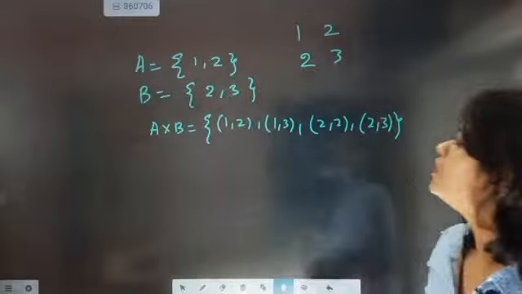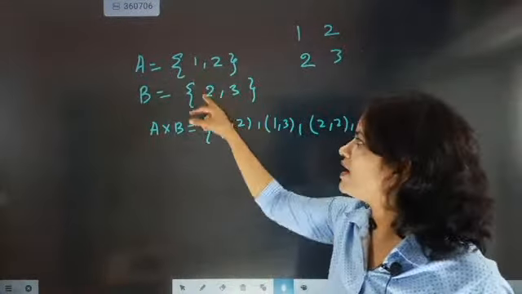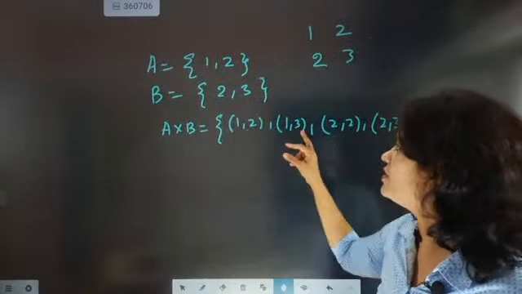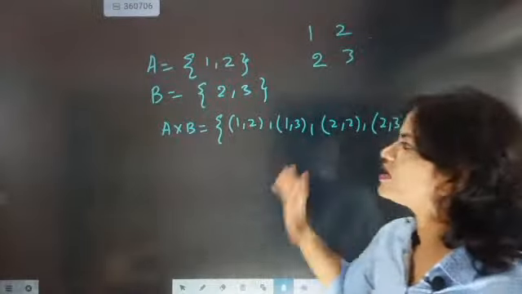Gautam, where are you? Rohit, Kabir and everyone, tell me. Nitish, what are you going to write? 1 and 2, 1 and 3, 2 and 2, 2 and 3. Okay, so this is exactly the way of taking the Cartesian product.